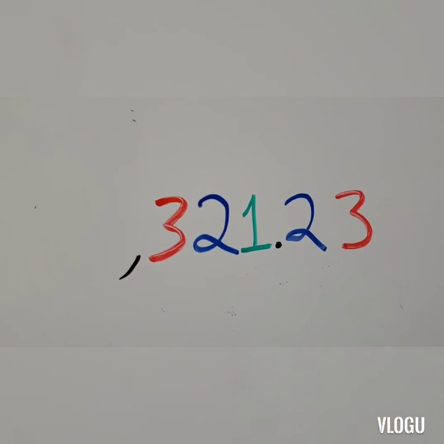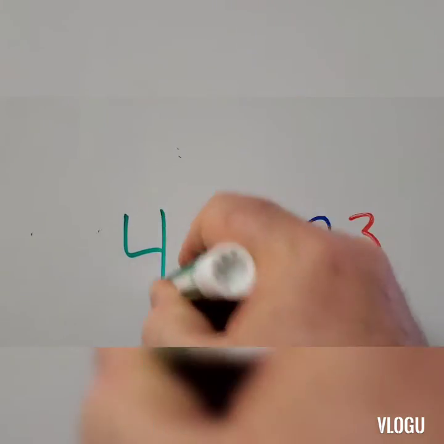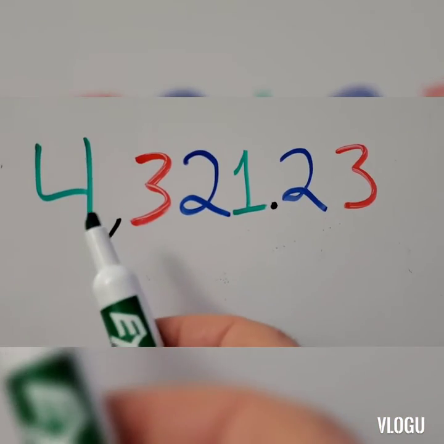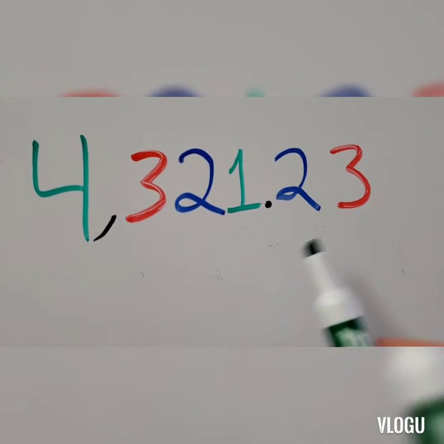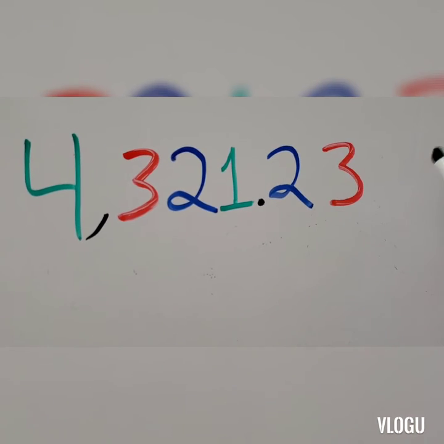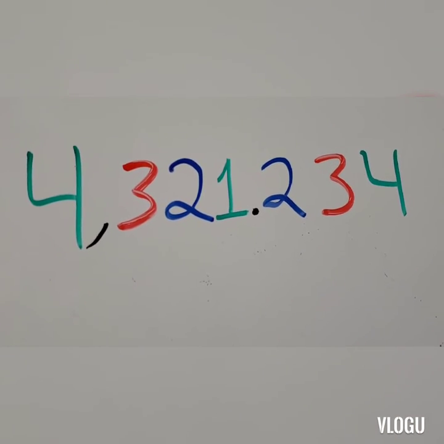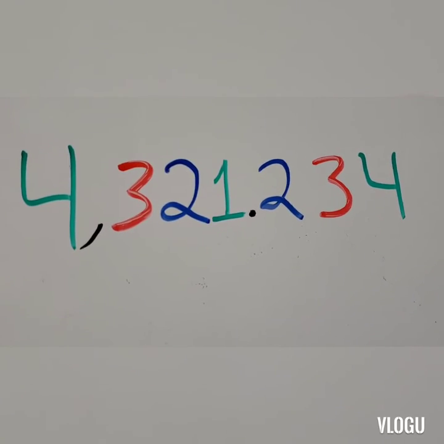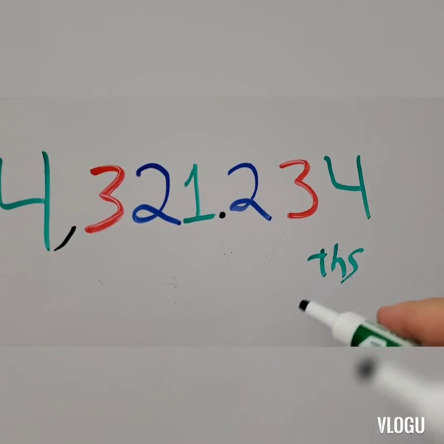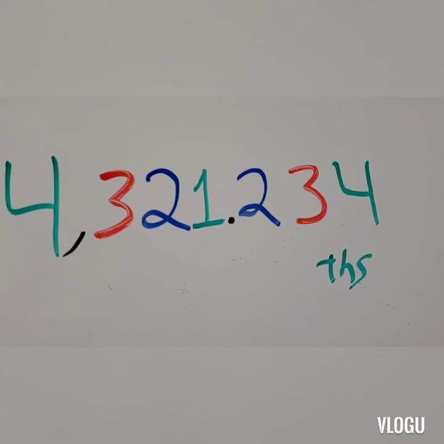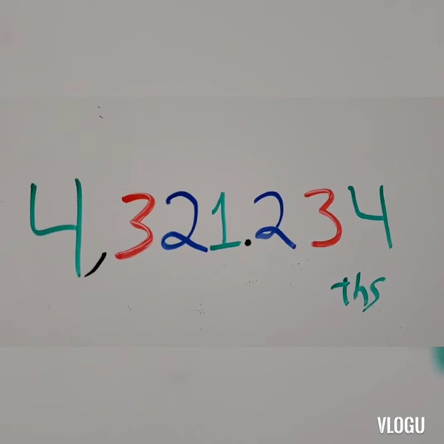Now, we would have a comma on this side, and the 4th spot over here is the thousands place. So what do you think this spot over here is? Did you say thousandths? That's thousand with a THS at the end of the word. Thousandths. That would be correct if you did.